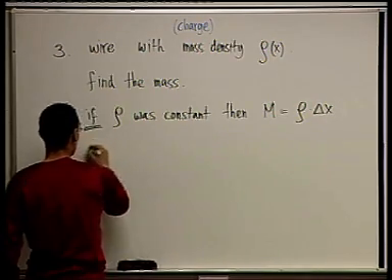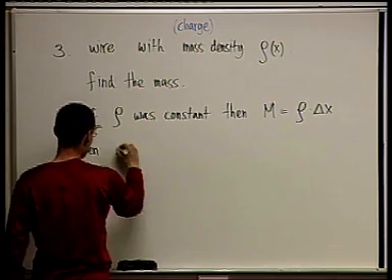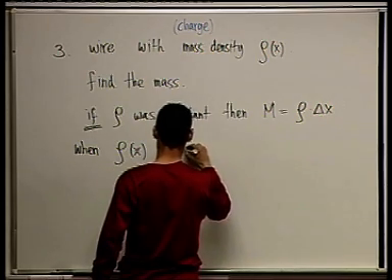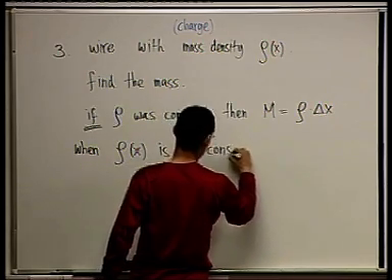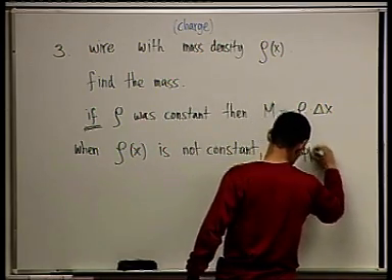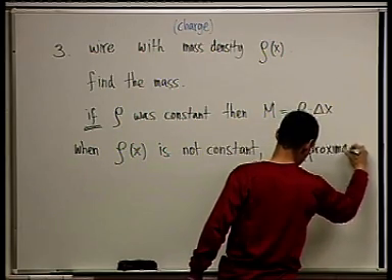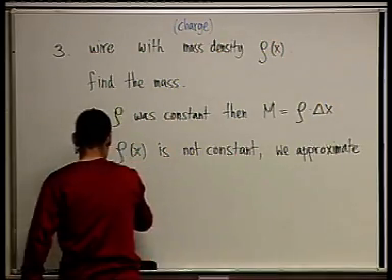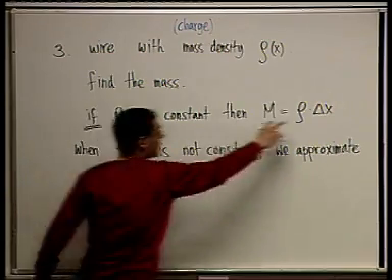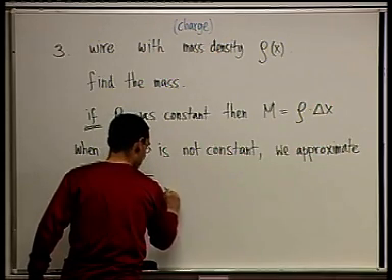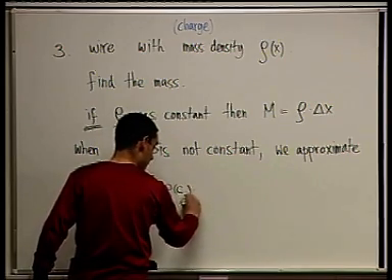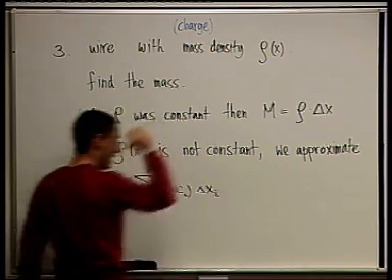So when rho of x is not constant, it can be any function, we approximate by taking little segments and on each one assuming that it's fixed. So we get some rho of some point in that segment, c_i, times delta x_i.